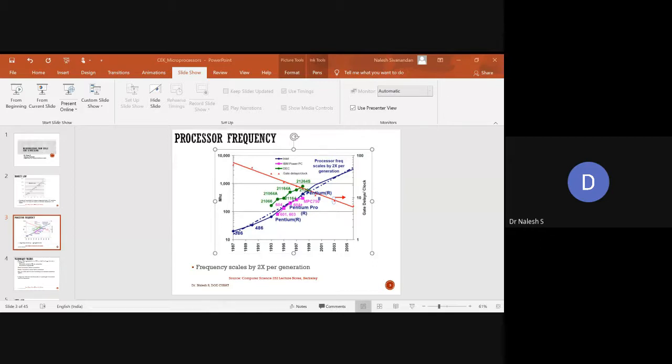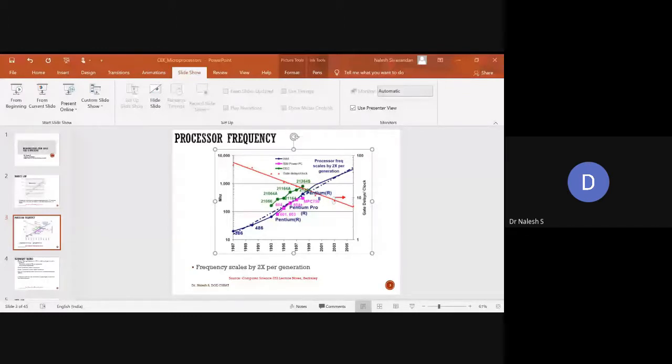Faster transistors means faster execution, but there are more transistors. How do you make use of these more transistors to increase the execution speed? The frequency increase is giving you an increase in execution speed. On top of that, how do you make use of these transistors to increase the execution speed?